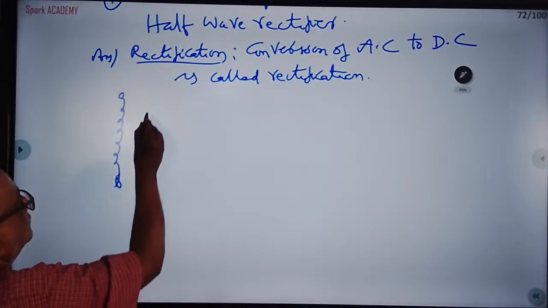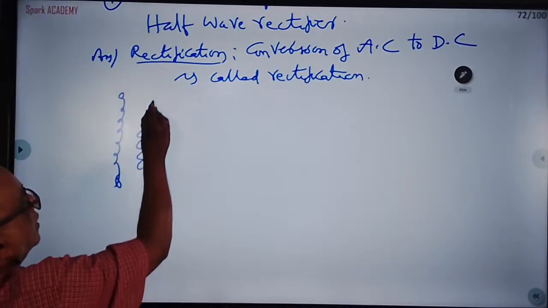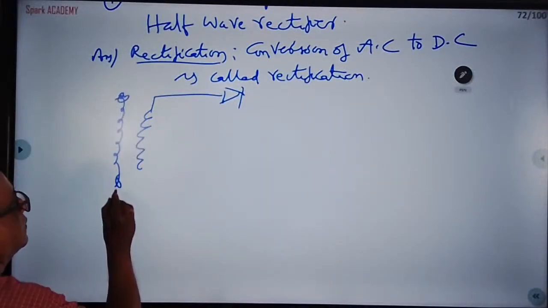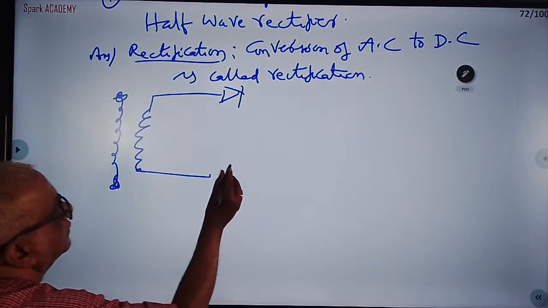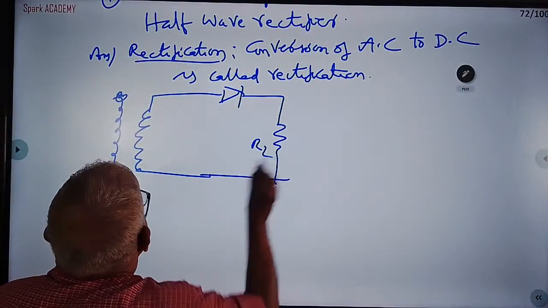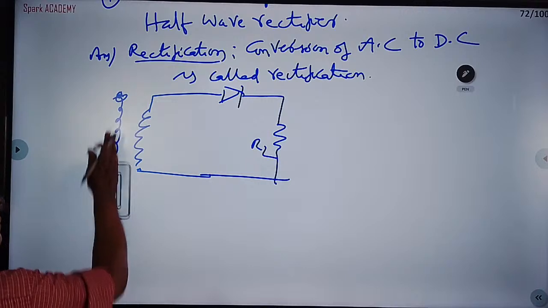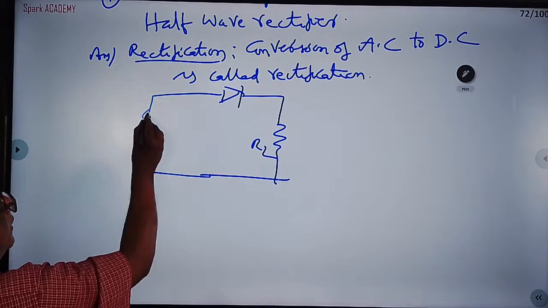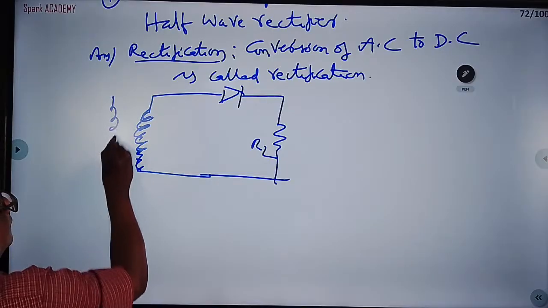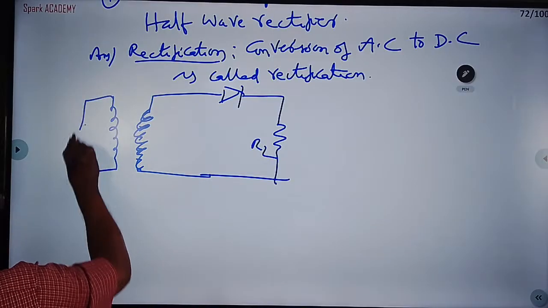Here is the diagram. Here one diode is connected. Here one load resistance is connected. Okay, students? One minute. This is called the transformer. Here AC is connected, the AC signal.